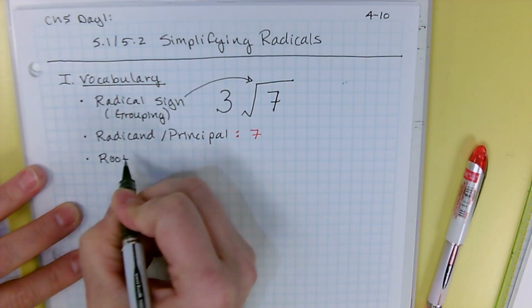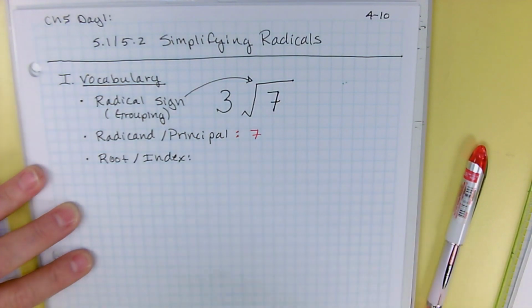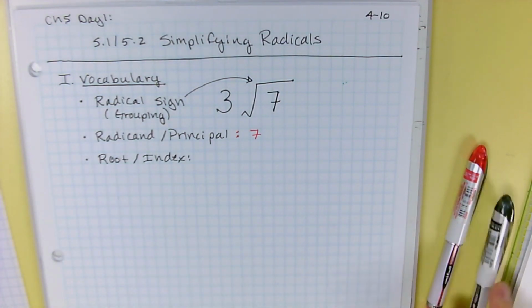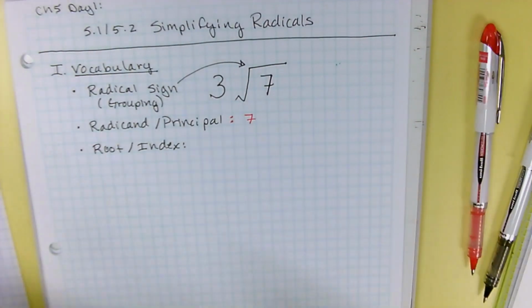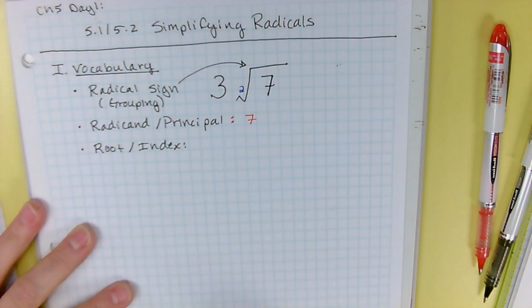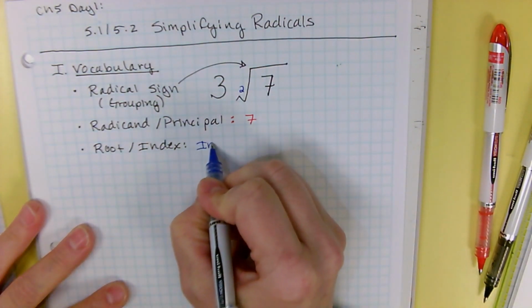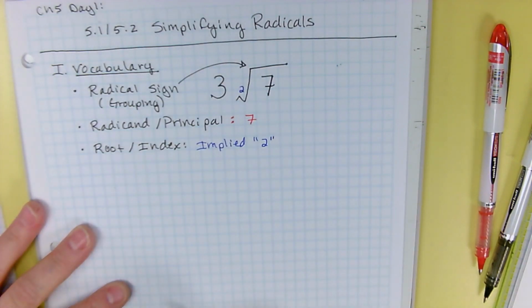The root or the index of the radical is the small number. Now, if there isn't a little number in this little V section, the default number is a 2. So you have what's called an implied 2 if there's nothing there.